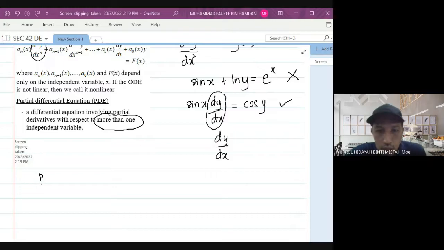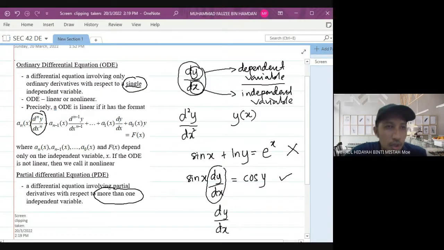Okay, so I repeat it again. The ordinary differential equation, ODE, involves only one independent variable. We can identify the independent variable and dependent variable by looking at the differential coefficient.